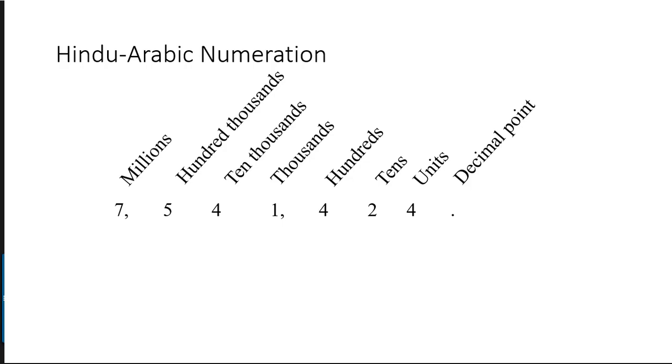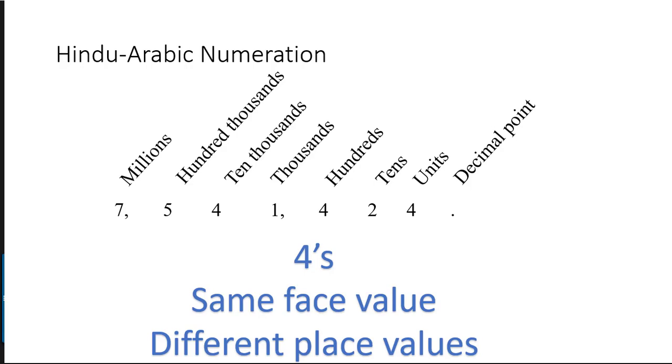And the digits convey two things. They convey a face value and a place value. Place values in our number system are all powers of 10, so we call it the base 10 number system. In this particular number, the 4s, of which we have 3, are in different positions, so they have the same face value, 4, but different place values.